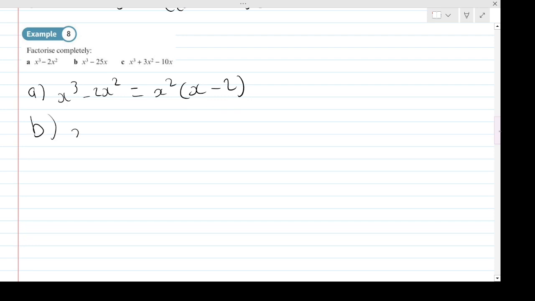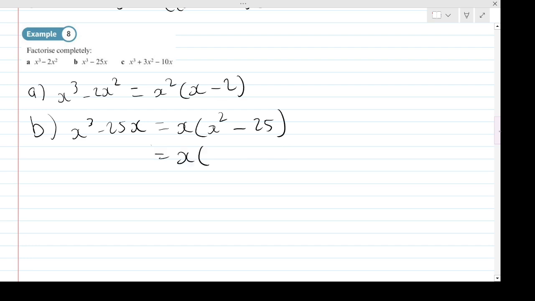Okay, let's have a look at part B. x cubed minus 25x. Again, I recognise that we can pull out an x from both terms, and then we need an x squared to get to x cubed, and then minus 25. But hopefully alarm bells are ringing that we can factorise even more because we have a difference of two squares.